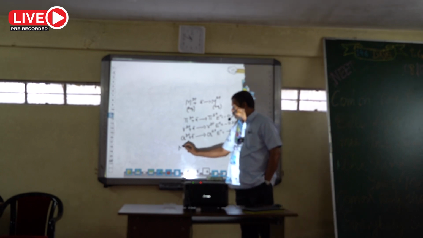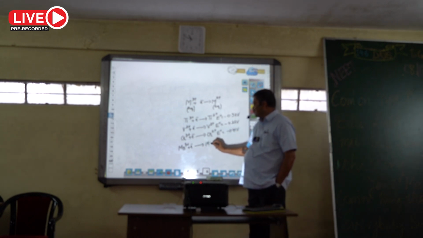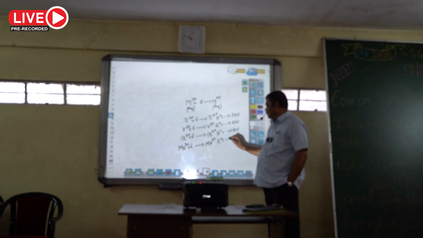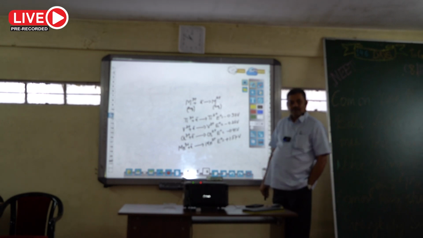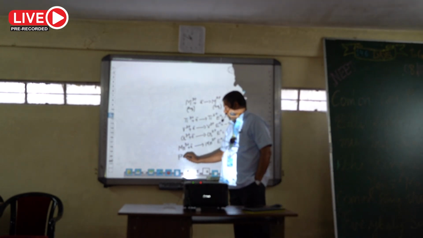Manganese is plus 1.57. And iron, ferric to ferrous.